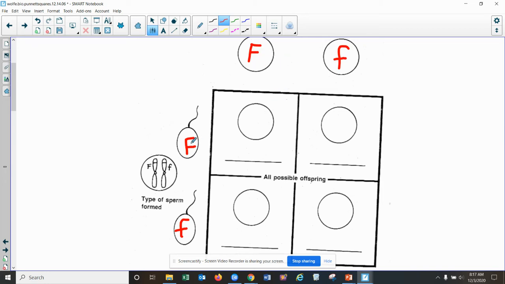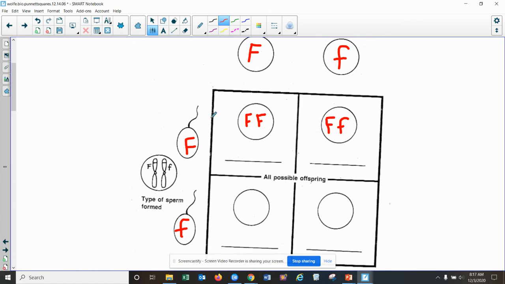So if this sperm fertilizes this egg, you're going to get this child, right? So this is a possibility, right? You could have a child with both dominant alleles. Okay, if this sperm fertilizes that egg, you're going to get a heterozygous child. This is a possibility there.